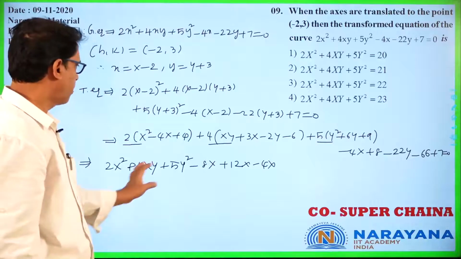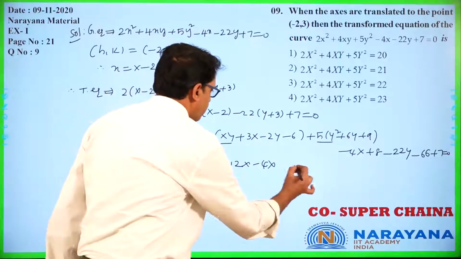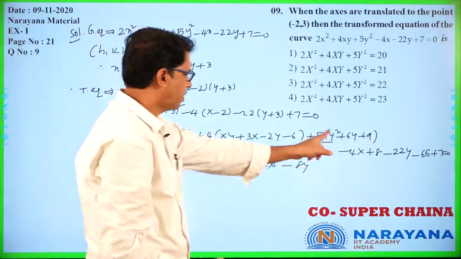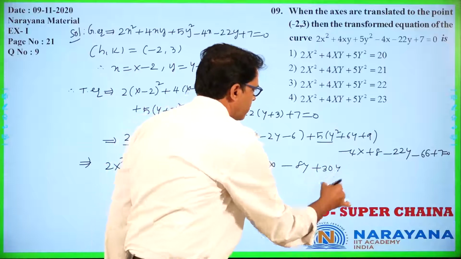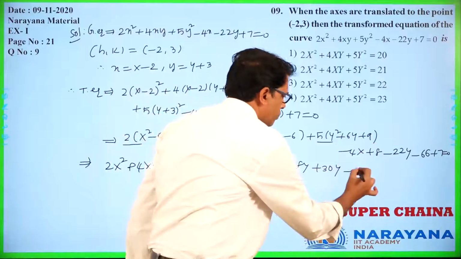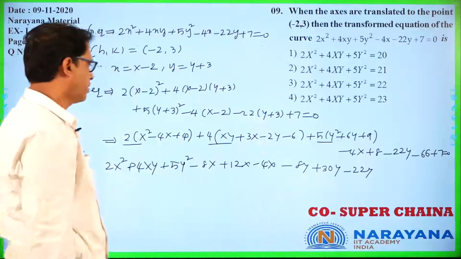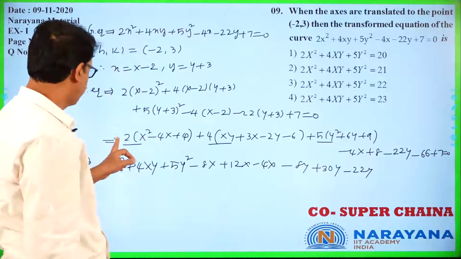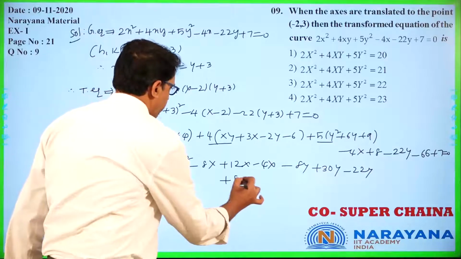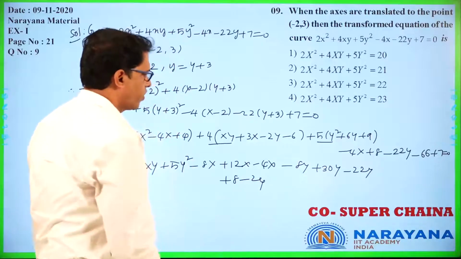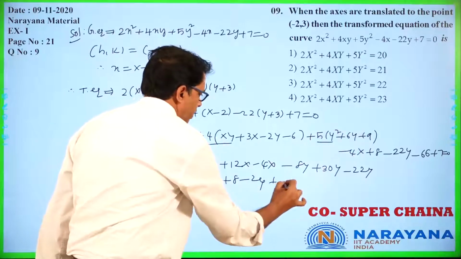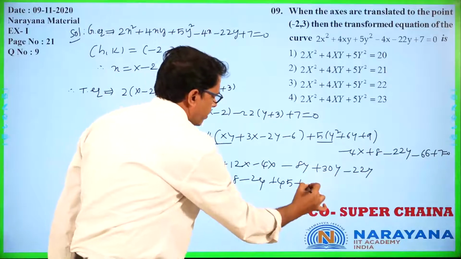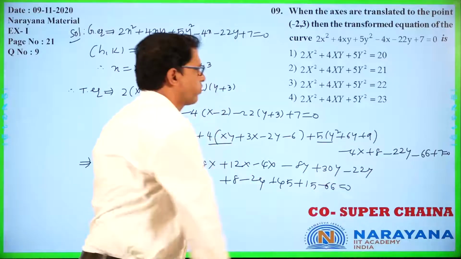Then the y terms: minus 8y, then plus 30y, then minus 22y. Then the constants: 8 plus 8 minus 24, plus 45, plus 15 minus 66 equals 0.